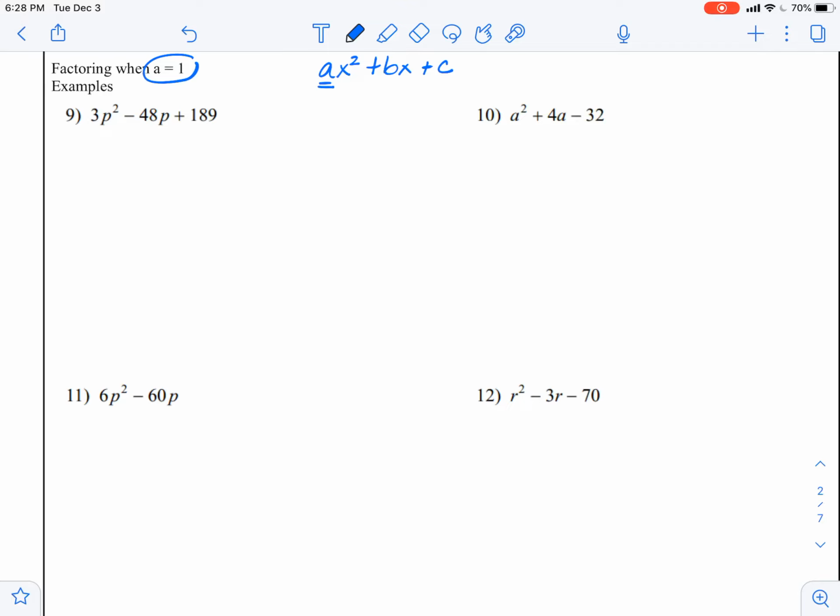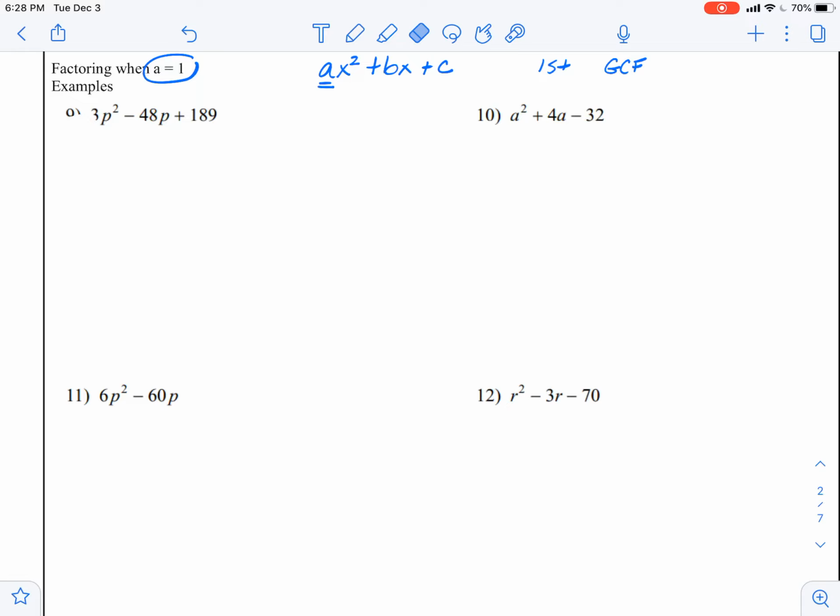So let's go ahead and get started. Now remember what I told you, the first step is always look for the greatest common factor. Always do that. So especially this one, since I told you A was supposed to be 1, but it's not, it's a 3. Okay, so the question is, what does 3, 48, and 189 have in common?